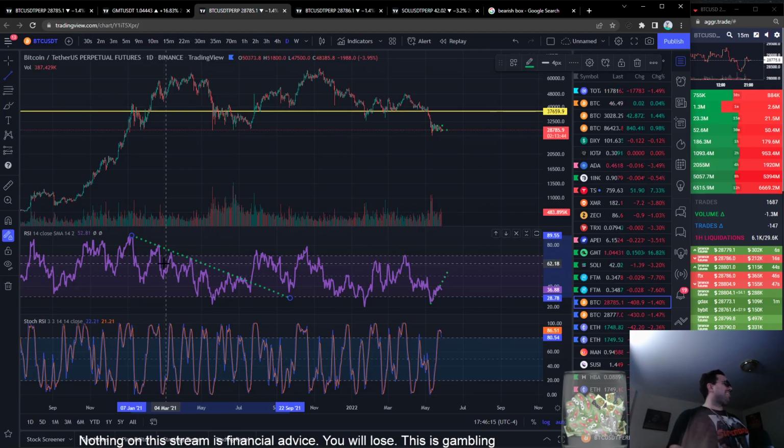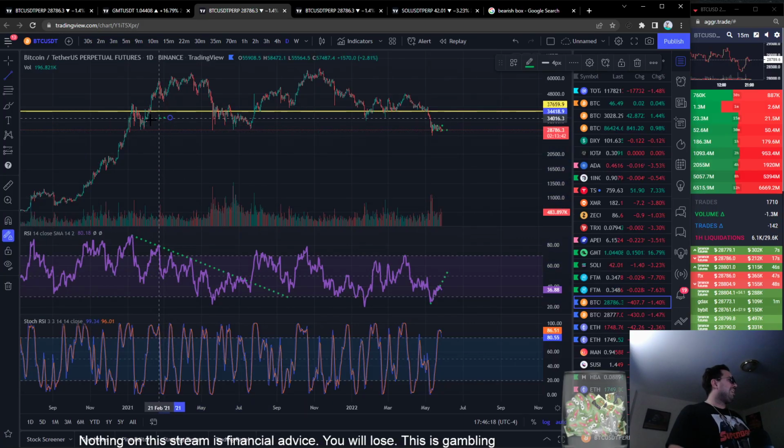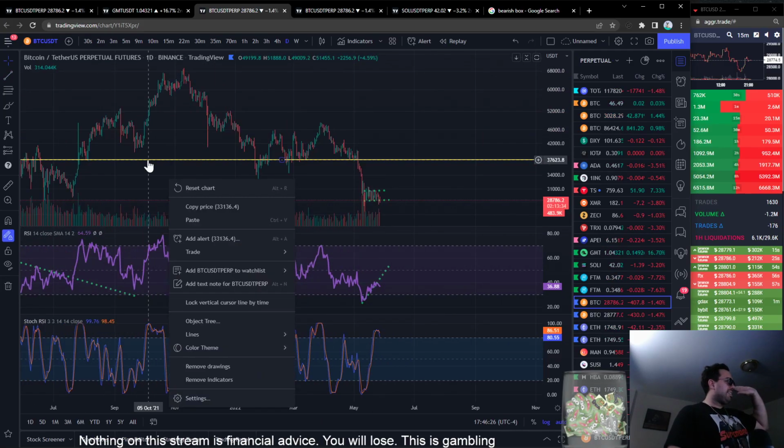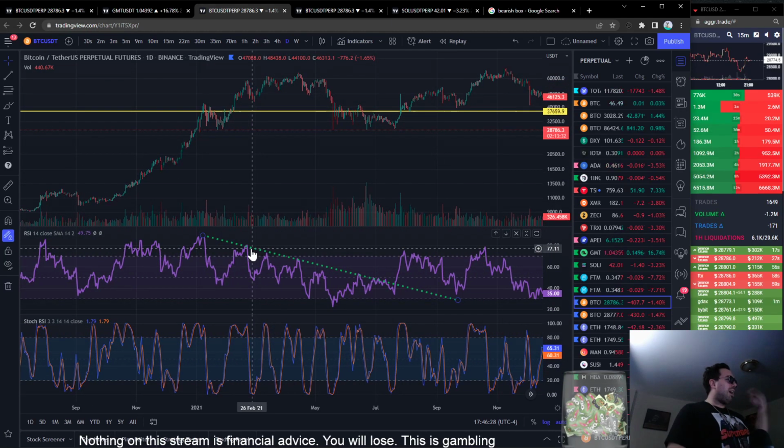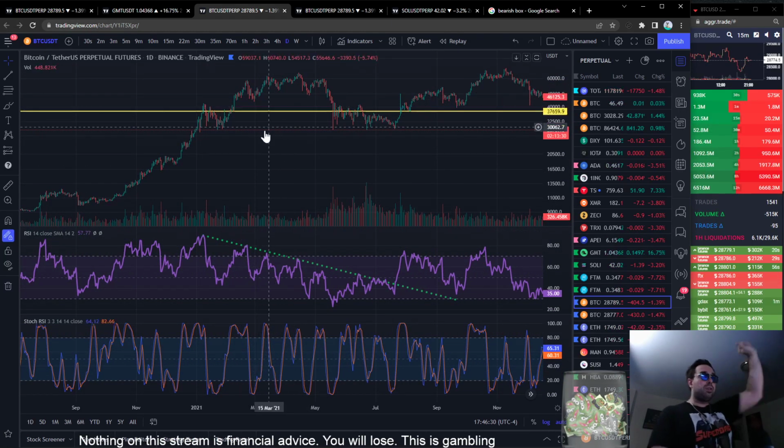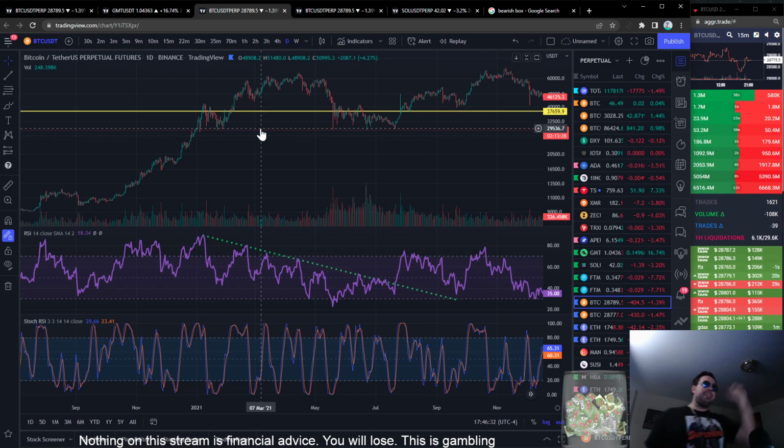And you can literally see, and this is what you don't want to see, a higher price but a lower RSI. Every time the price was going higher, the people in the market were like, yeah, I'm interested, but just because the price is going up doesn't mean it's the same bullishness as you think it is.